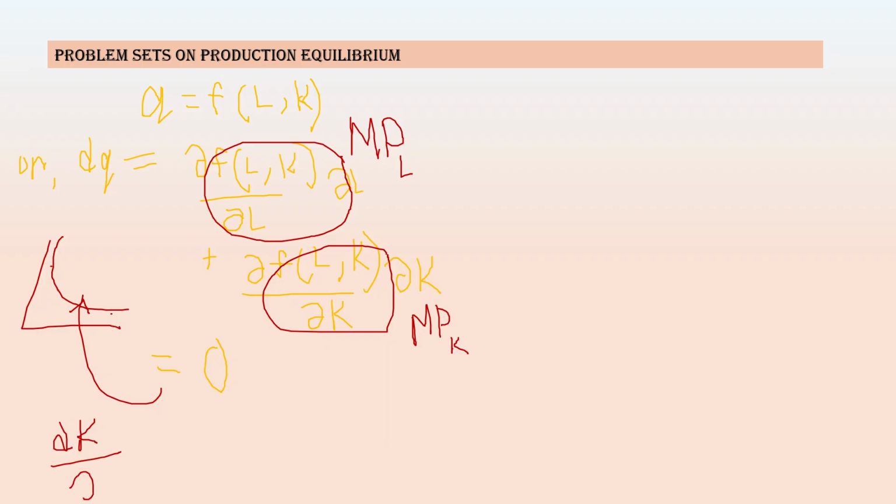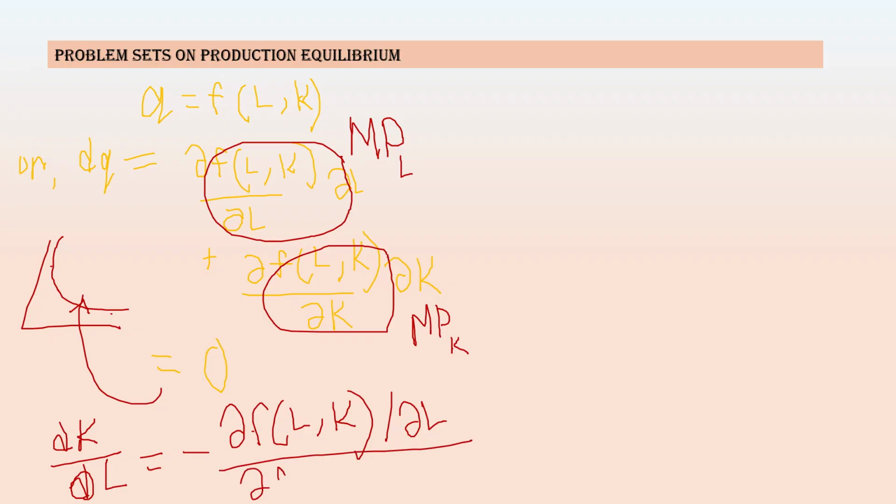dK by dL equal to minus, again, once with respect to L. Okay, so now this is basically MPL, that is marginal production of L, and marginal production of K, right?